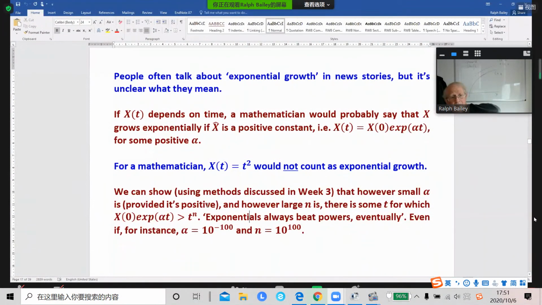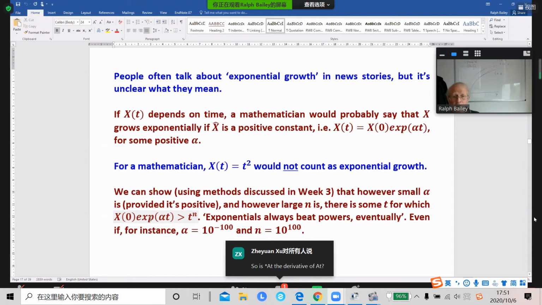So if you make alpha an absolutely tiny number and n an absolutely huge number, nonetheless, there's some value of t at which the left-hand side will overtake the right-hand function. If you graph the two functions, they will eventually cross, and the exponential function will win. That's a useful idea. I shan't try and prove it just now.